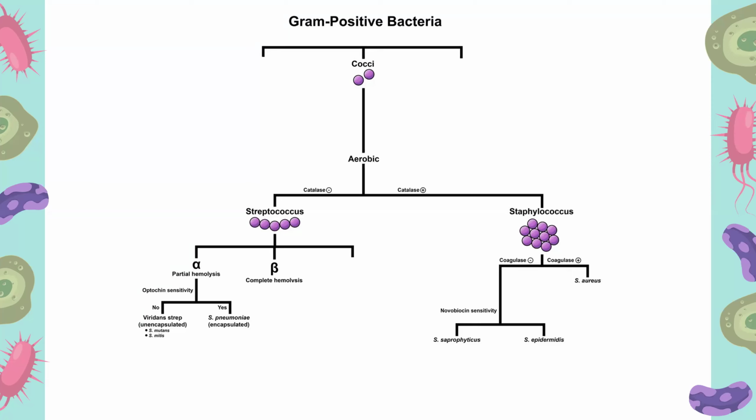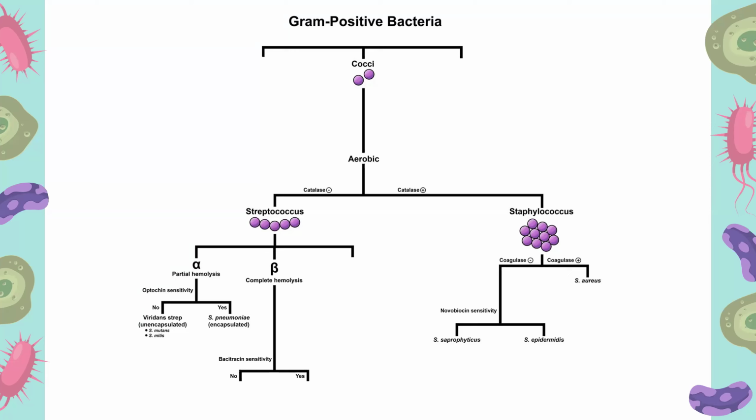Once I have two different bacterial species that are both beta hemolytic, what type of test do I want to do? Camp? Okay, sure, we can do camp, but camp is specific for just one of them. If I wanted to differentiate between the two, bacitracin. Absolutely.